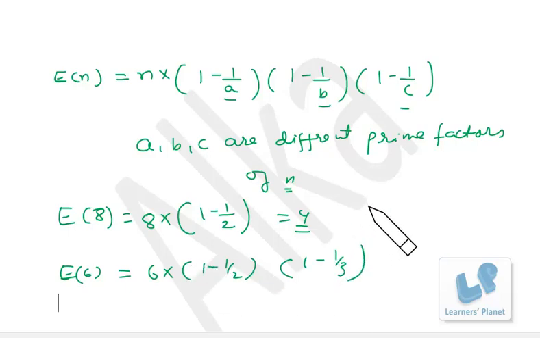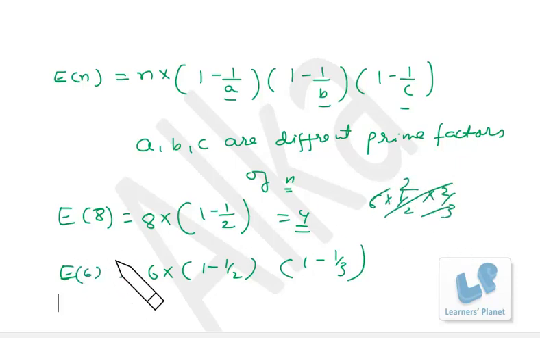So it is 6 into 1 by 2 into 2 by 3, which is 2. That means there are two numbers smaller than 6 which are co-prime to 6. Similarly, we can calculate the Euler number maybe for 25.